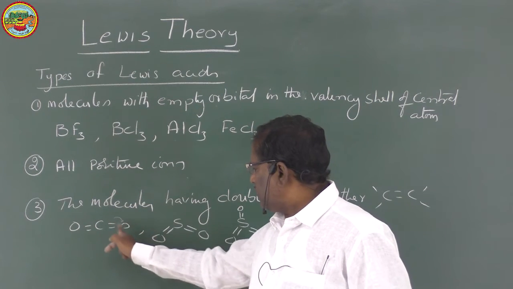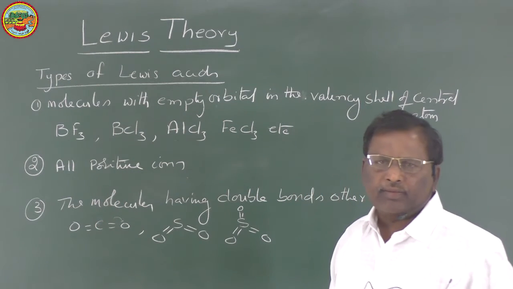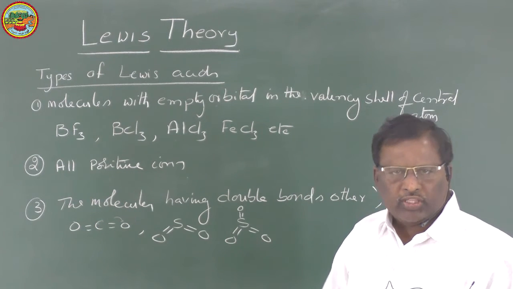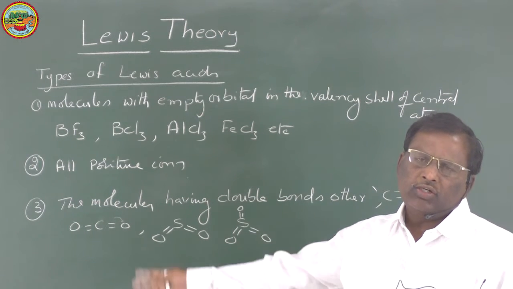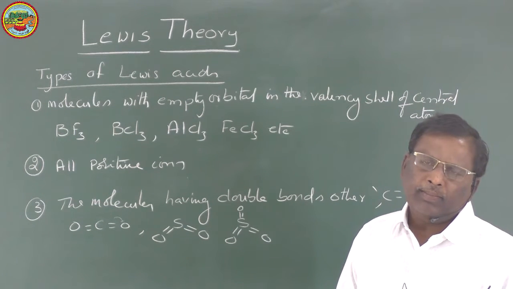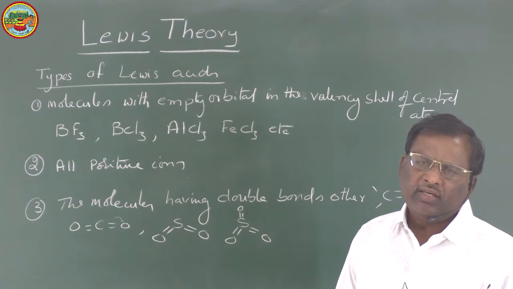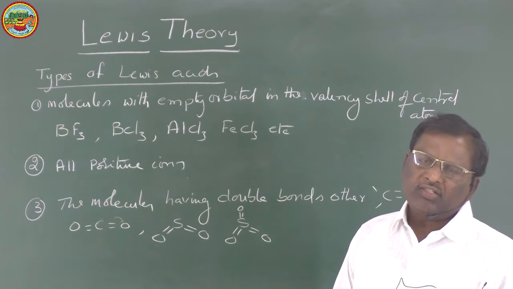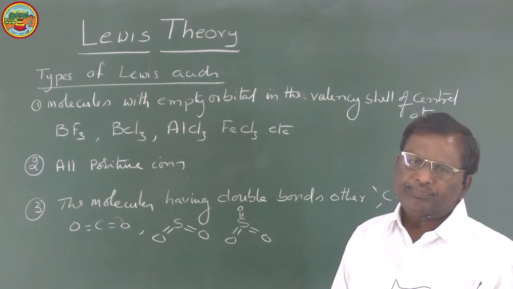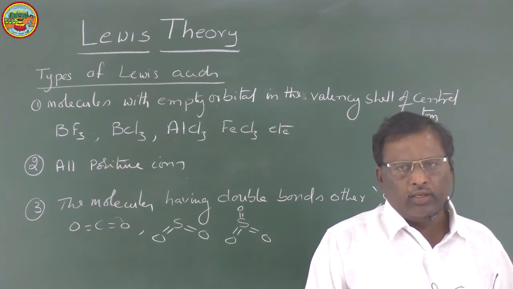Because of the shifting of that pi bond, an empty orbital will arise on the central atom, so that they can accept an electron pair from other species to form a covalent coordinate bond. So all the molecules which are having double bonds other than carbon-carbon double bonds are said to be Lewis acids.